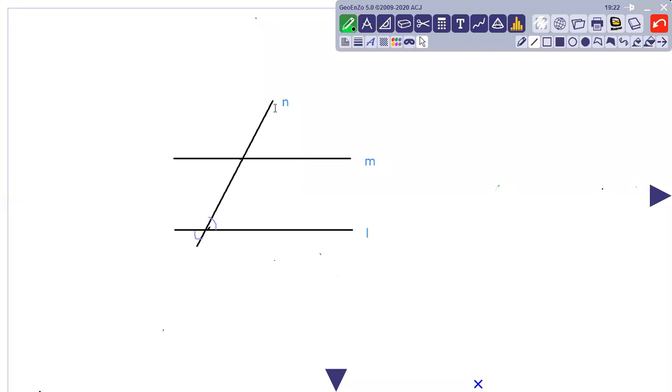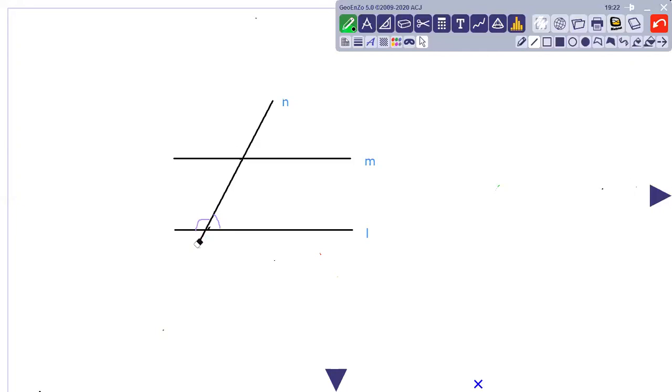Forget about M for the time being. When line L and line N intersect at a point, they form two pairs of vertically opposite angles. One pair is these two angles, and the other pair is these two angles. The vertically opposite angles are equal. And also they form a linear pair.